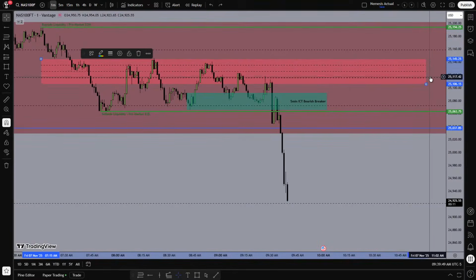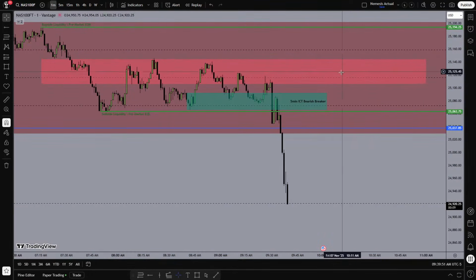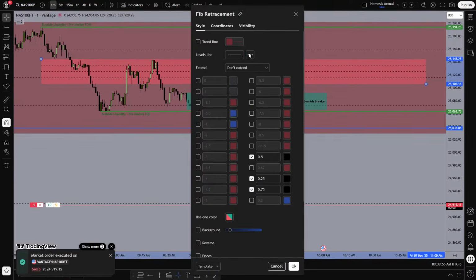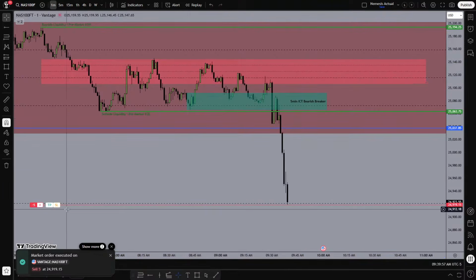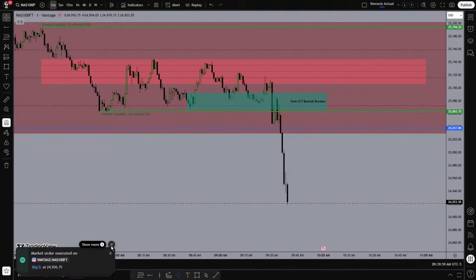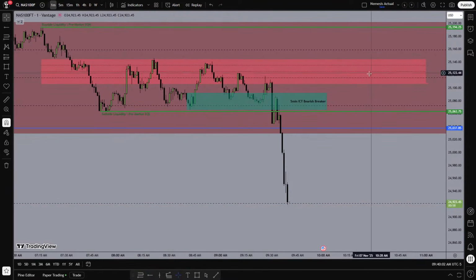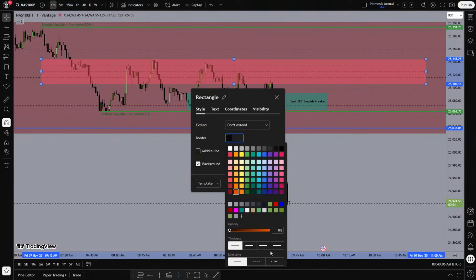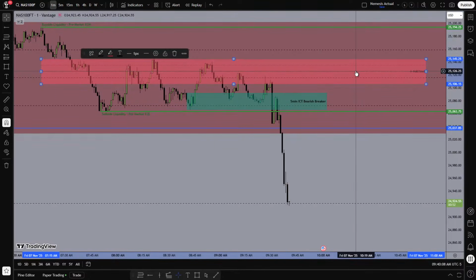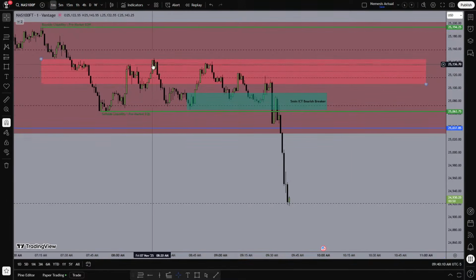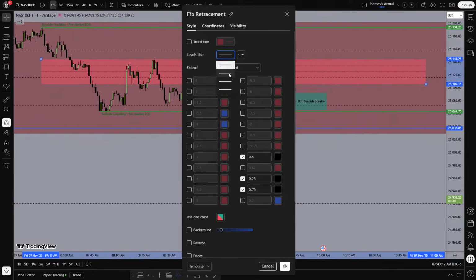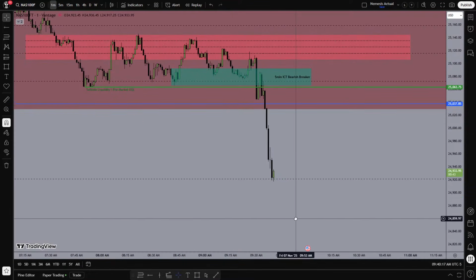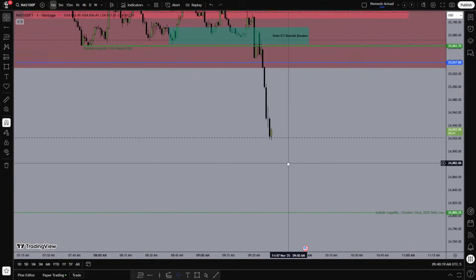So I'm gonna remove. Gonna do it like this. And I accidentally showed it. Sorry. Can I select my fib? Okay. So there's that consequent encroachment.